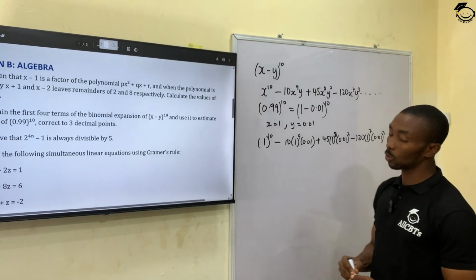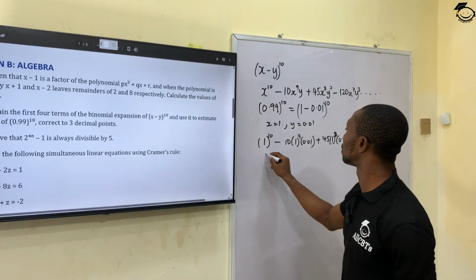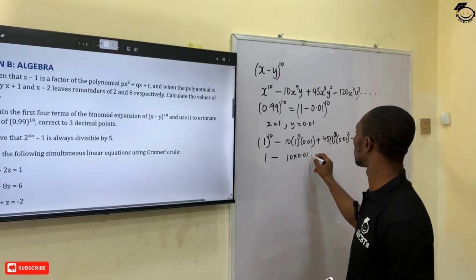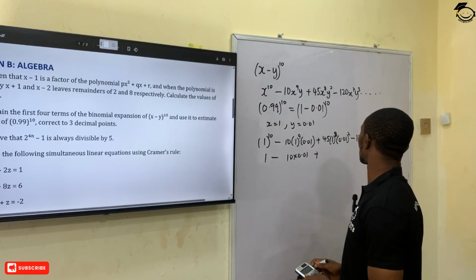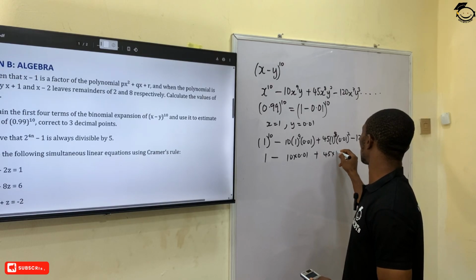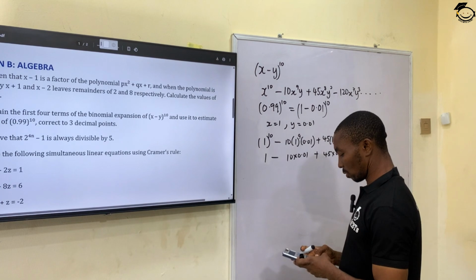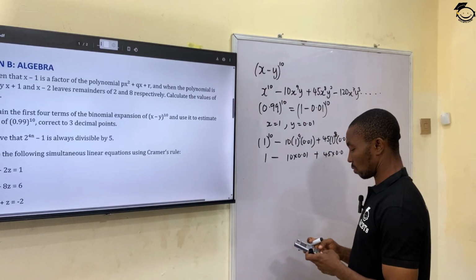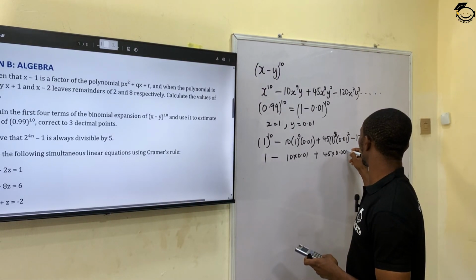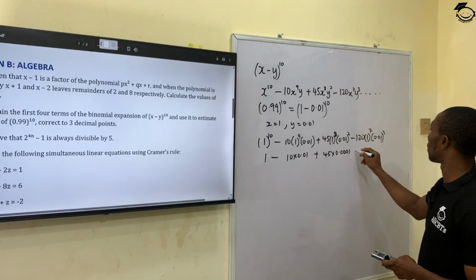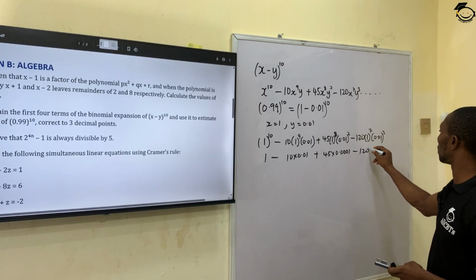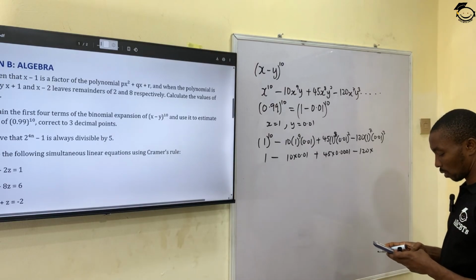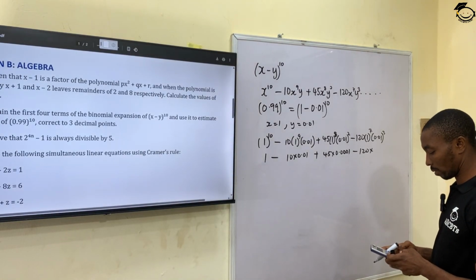All right, now 10 raised to power 1 will give us 1 minus 10 times 0.01 plus 45 times 0.01 squared, which will give us 0.0001, minus 120 times 0.01 raised to power 3.